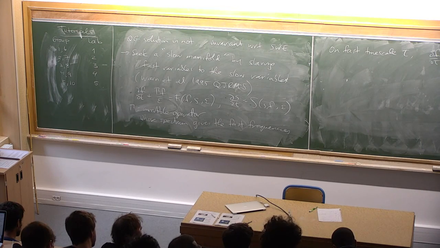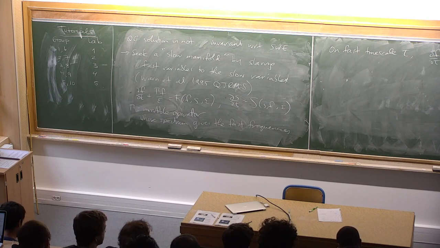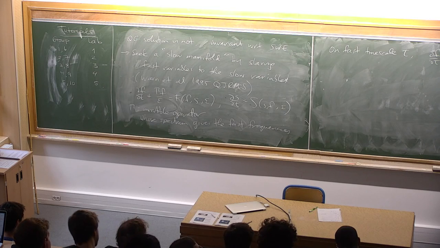So you see that on the fast time scale, the slow variables don't evolve to leading order. They have a 0 frequency, and the fast variables give us the frequencies, the inertial gravity wave frequencies. So you can see how it maps onto the fast system.